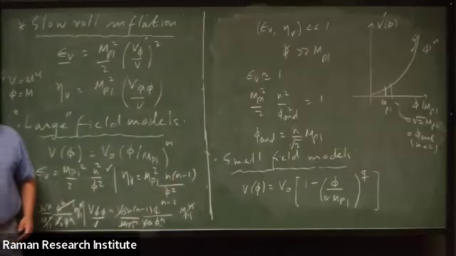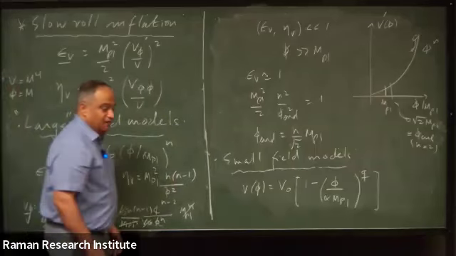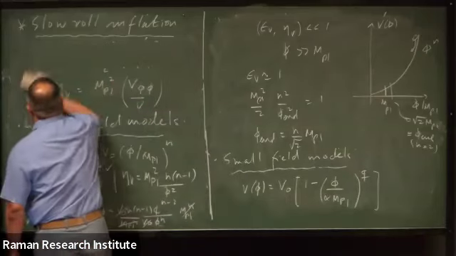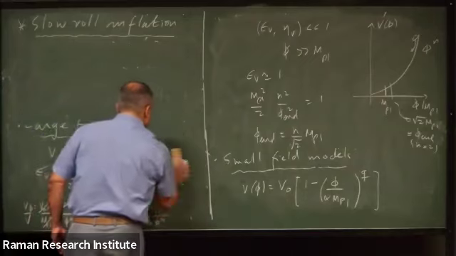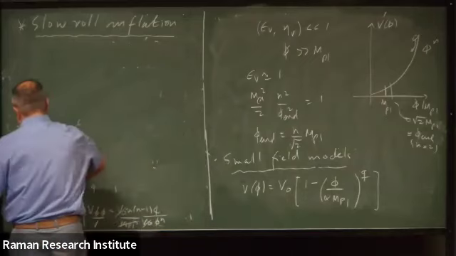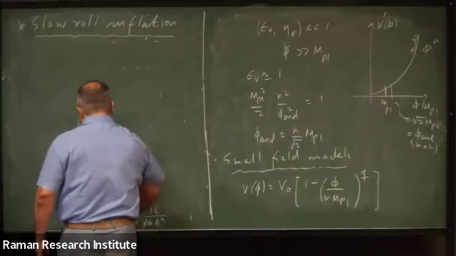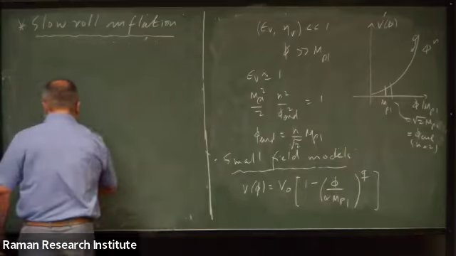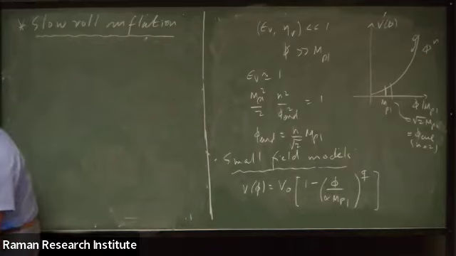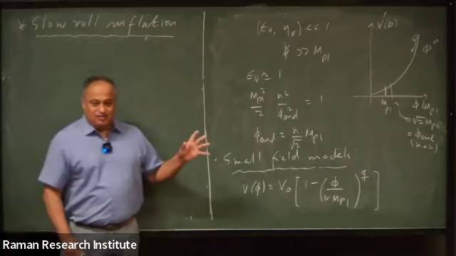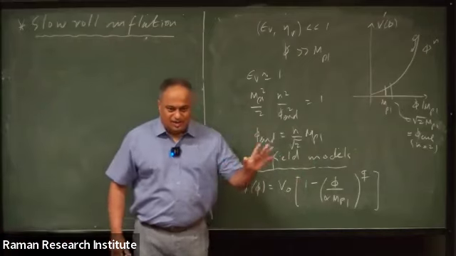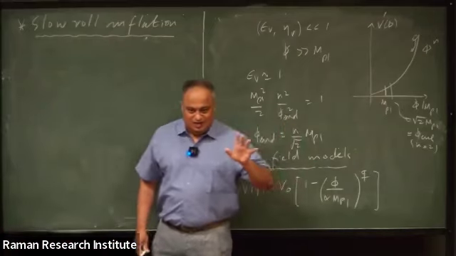I'm just going to discuss a more popular model, which happens to be the so-called best fit model, which is called the Starobinsky model. I hope you recognize you can do this exercise for any model. I'm just discussing the simplest of models. And in fact, we will see when we compare with the data that these large field models are ruled out by the data. We will understand how.